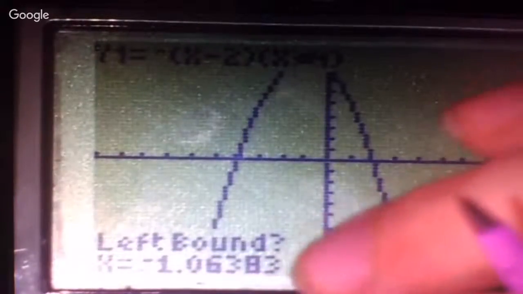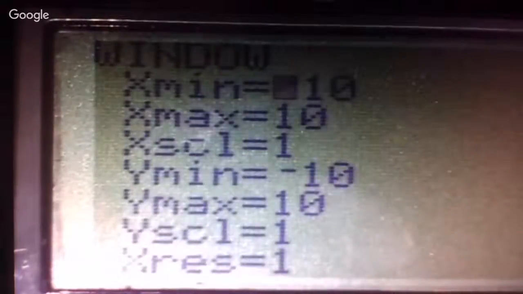Okay, my window tells me what I can see on my screen. My X-min tells me how far I can see to the left. X-max tells me how far I can see to the right. Y-min says how low I can see.